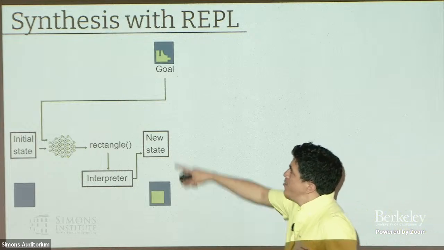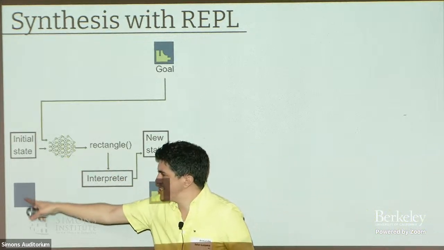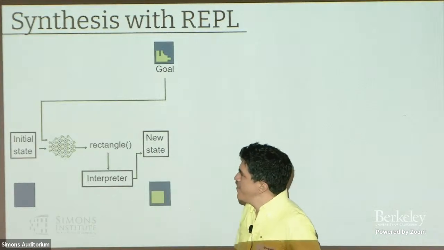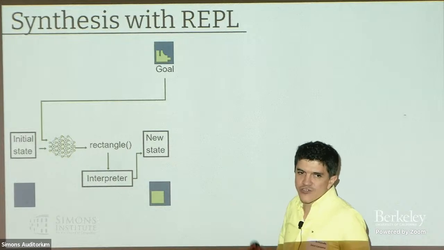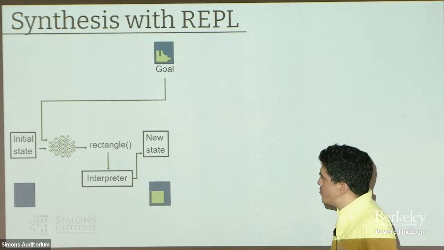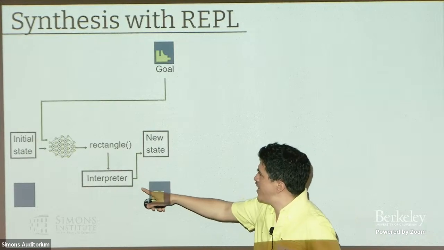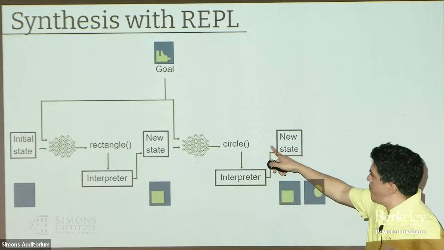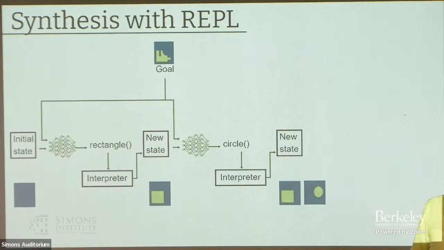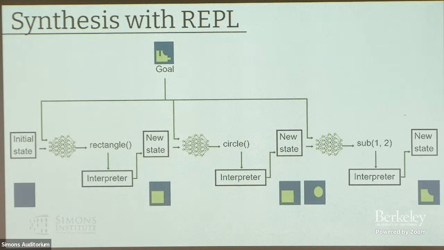You have a goal, you have some initial state, which in this case is just an empty canvas, and the neural network suggests a next instruction, a next command to produce. You can feed that to an interpreter to produce the new state. At every step, the interpreter keeps track of what the current state is, and the neural network takes this information about the current state and the goal of the program to suggest a new operation.